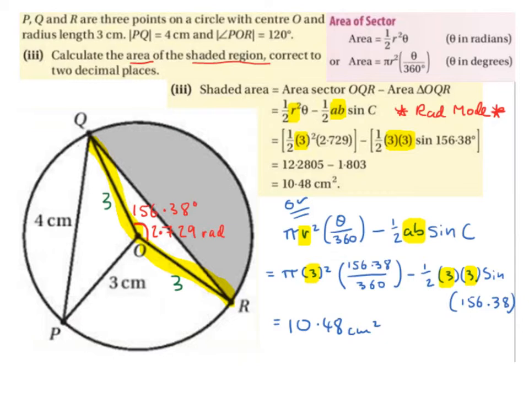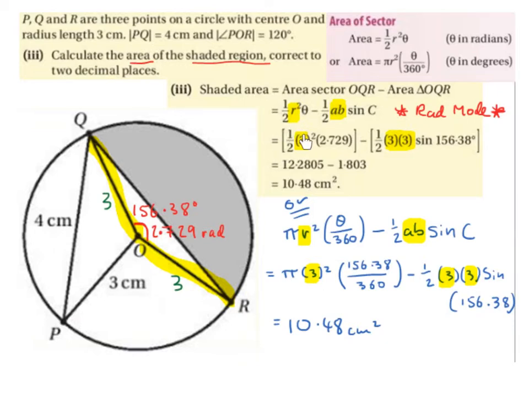So what we're going to do is label our different bits and sub it into our formula. So the r is the radius, and we know that that's 3. So we sub the r for 3. The angle, theta, is 2.729 radians. We worked that out in the last question. So it's going to be 1/2 times r squared times theta.